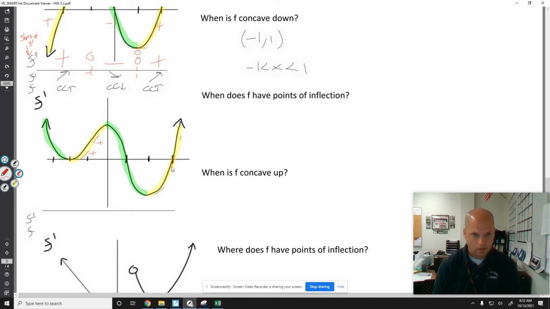When I've shaded in green, slopes are negative. Here, zero slope, here, zero slope, here, zero slope. That's when f prime is constant.